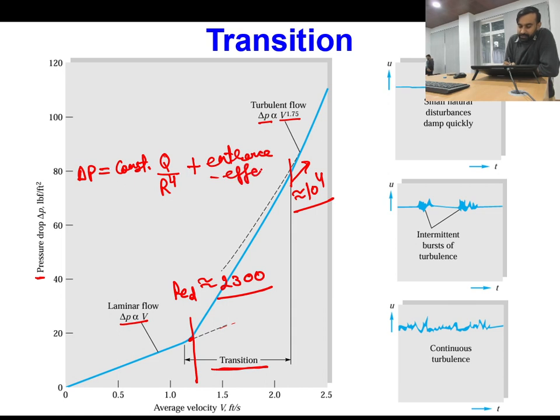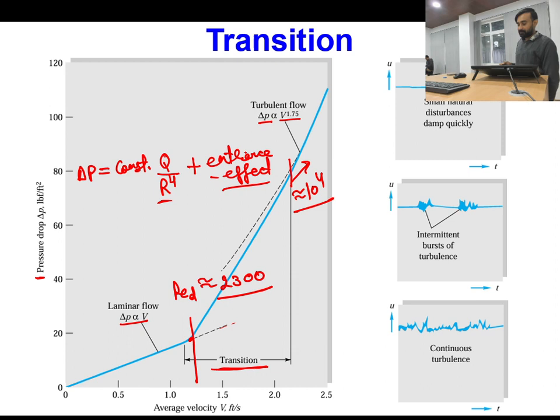Whenever he considered this pressure drop estimation, he could not find the value of this constant. He has taken some arbitrary constant over here. Later on, when we do the theoretical analysis, we will come to know that this constant includes the major effect coming from the viscosity. Q is the discharge or flow rate, and R is the radius of the pipe.